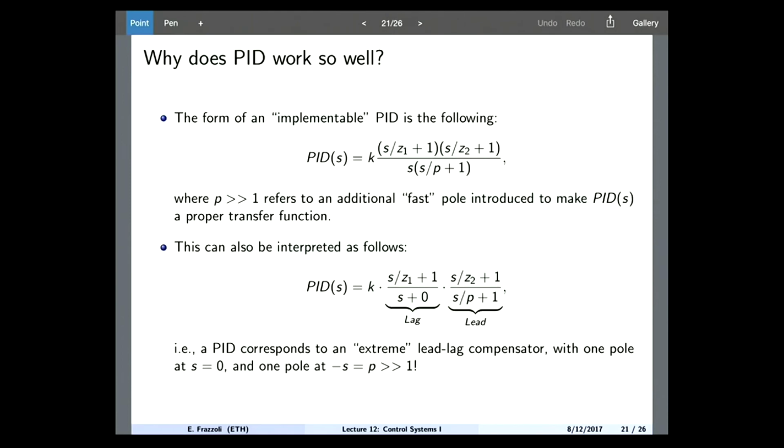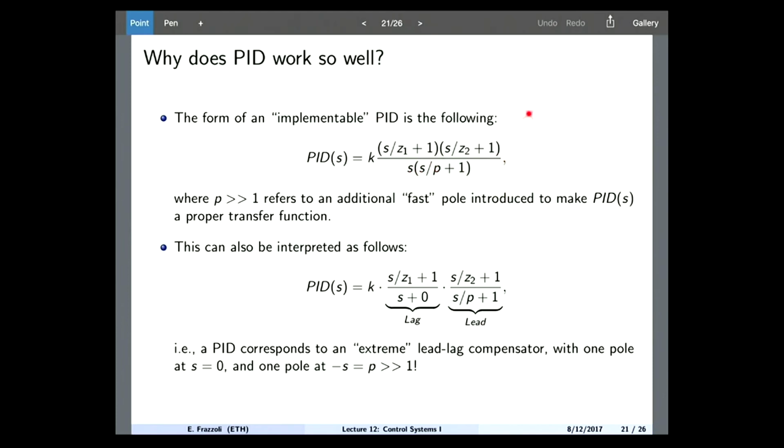Now, something else that I want to say is: why does this PID structure work so well? Keep in mind that the form of an implementable PID looks like that. We need to have a second order polynomial at the numerator, because we have one coefficient that multiplies S squared, one that multiplies S, and one constant term, divided by S. Remember that in order for this controller to be implementable, I need to have at least as many poles as zeros.